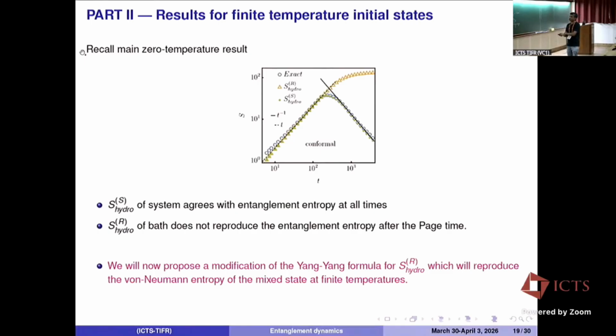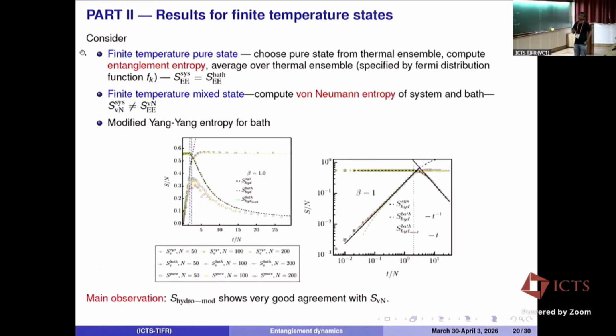Now we'll look at finite temperature mixed states, and we'll propose a modification of this entropy formula, which will reproduce even after the page time the entropy of the reservoir. This is a really interesting result.